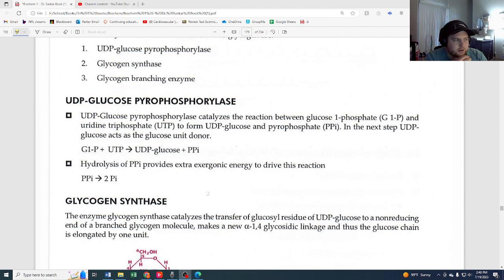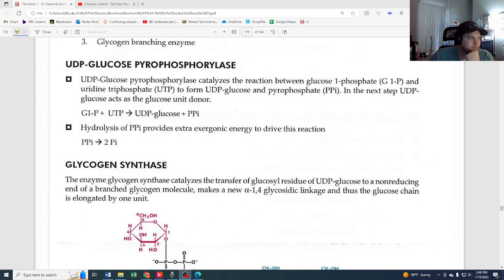Hydrolysis of the dual phosphorus, the pyrophosphate, provides extra exergonic energy to drive this reaction. So here we have bonds breaking. So phosphorus comes off of here, phosphorus comes off of here.